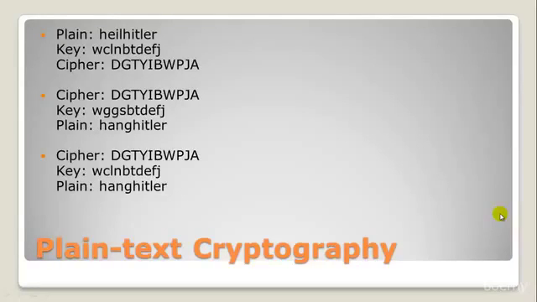To make it clearer, here is an example I will show you. This is how people used to send messages in the previous days. This was the plain text, and this was the key when it was decrypted. This was the exact cipher that came out when it was encrypted. Again, when this different key was used, the plain text was exactly the opposite: "Hail Hitler" here, and "Hang Hitler" there.